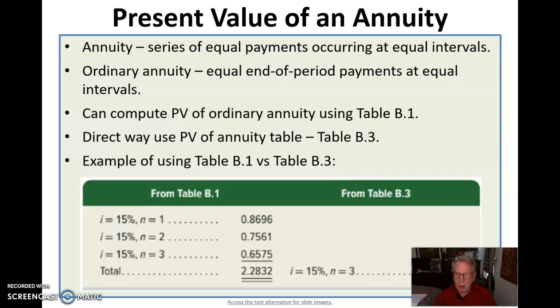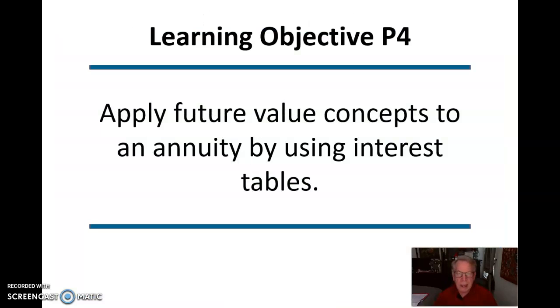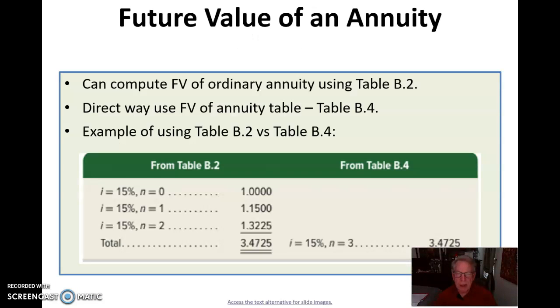So it makes life a little easier, and we can apply that using the tables. That's exactly what we did using the future value of an annuity here. So we go to table B.4, same concept. We add the values from B.2, and that gives you your factor you'll find in table B.4.